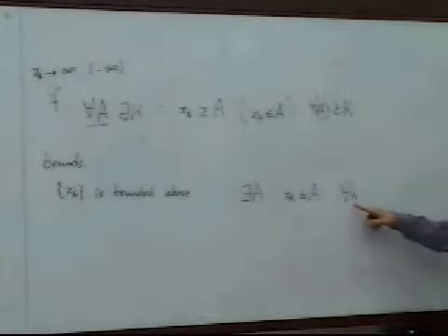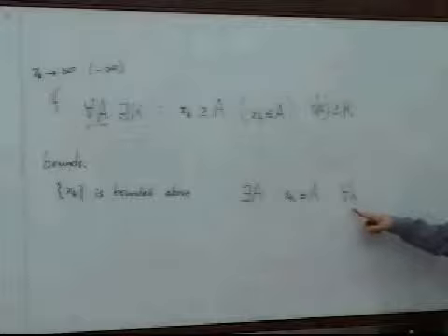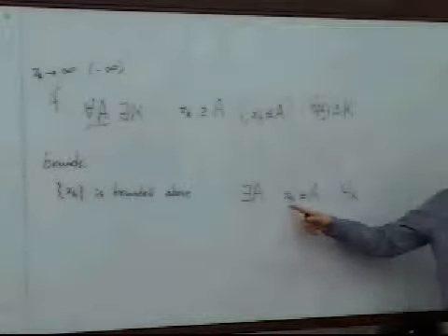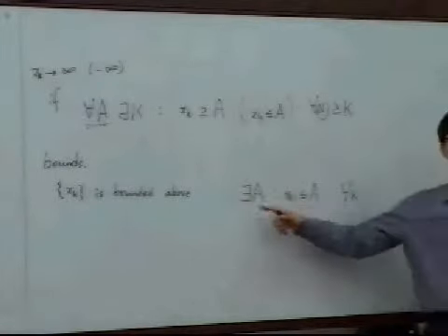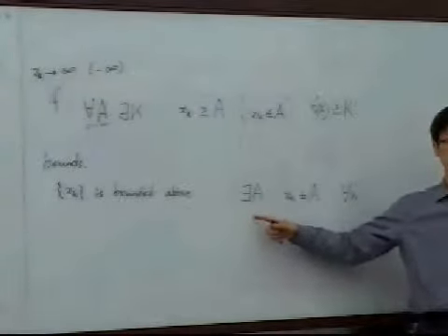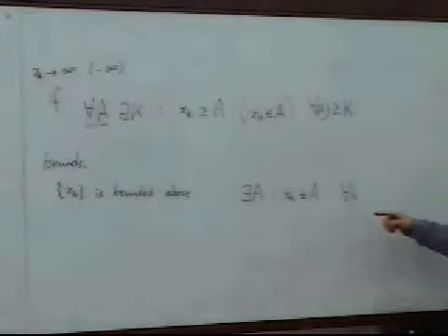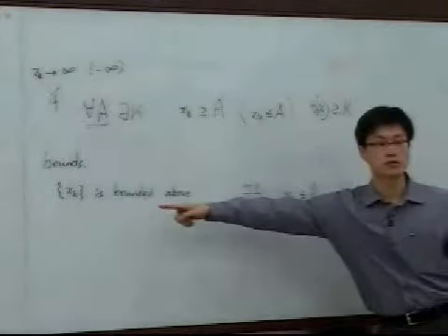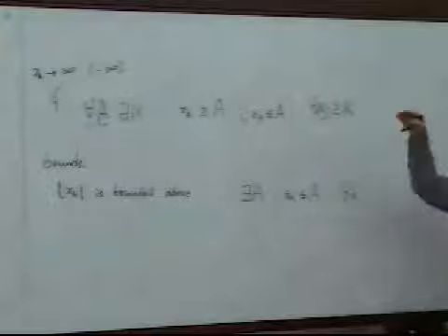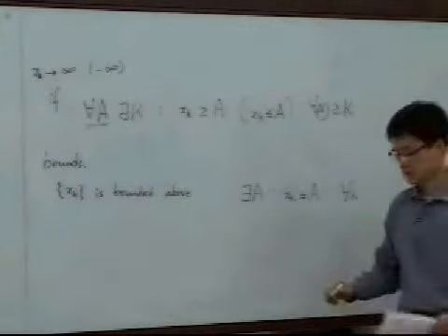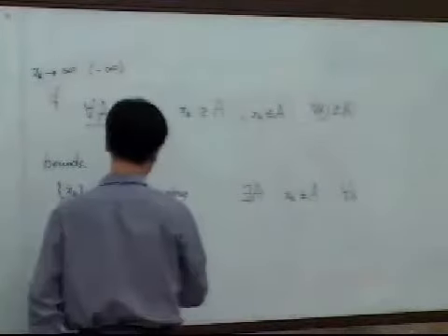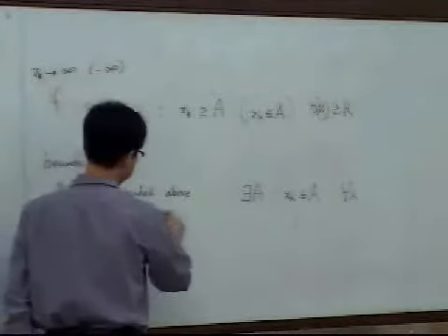For all k, x_k is less than some number, and there exists such a number, which means this sequence x_k is bounded above, right? What if we are defining bounded below?